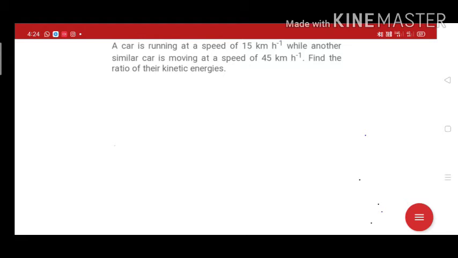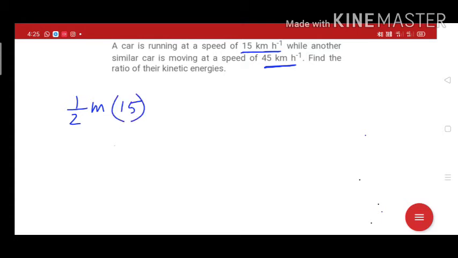Two cars, one is running at 15 km per hour, while the other car is running at 30 km per hour, and you have to find out the kinetic energy in the two. Okay, fine. So for the first car, half m, mass is not given, so we are going to just write m, and speed is given here, that is 15 km per hour.